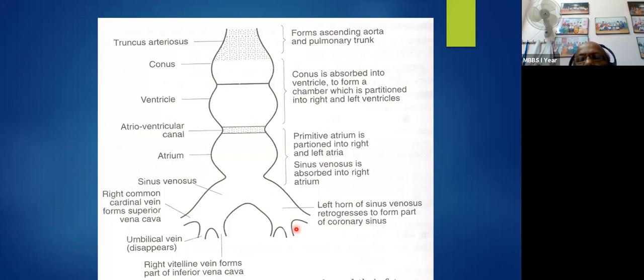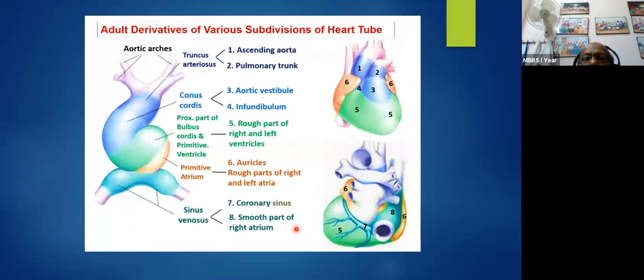Now you should have the mental picture of our adult heart: both atria, both ventricles, where we have them. That's why gross anatomy is very important. If you understand that gross anatomy, then only we can read about your embryology. The same thing is given in a color diagram.